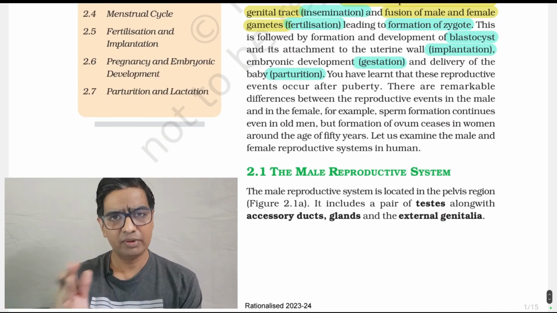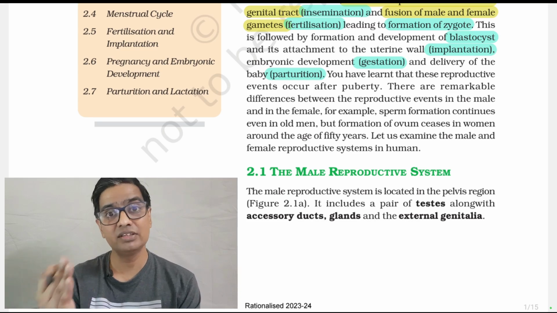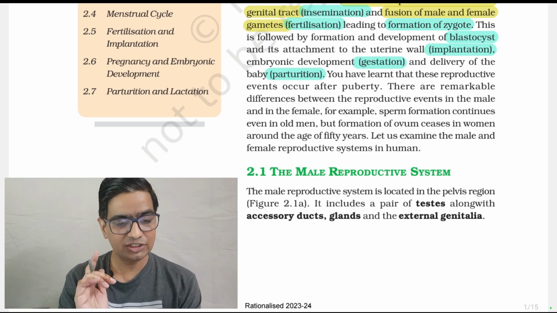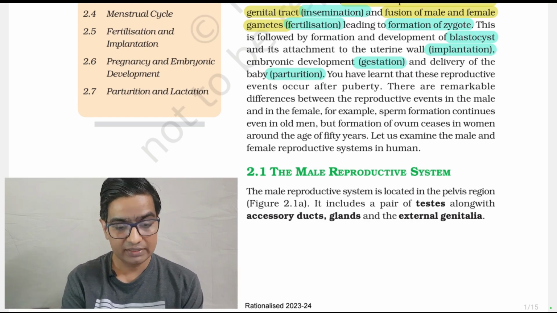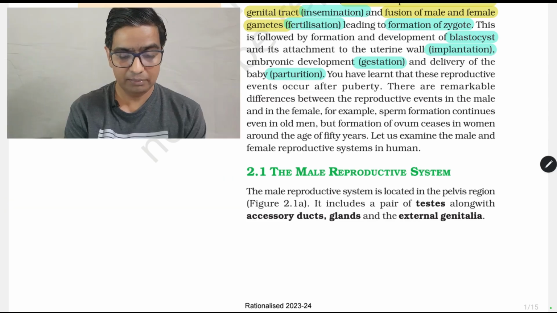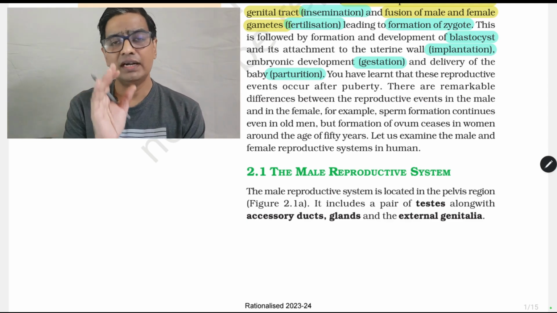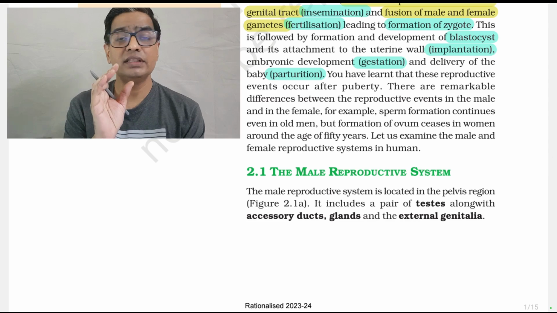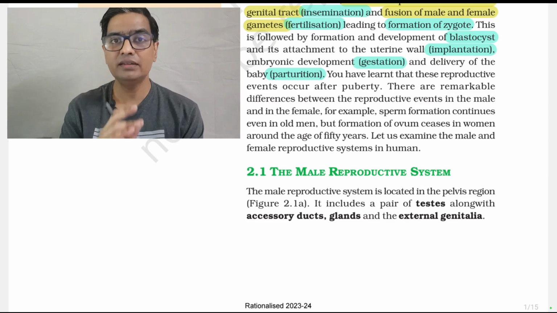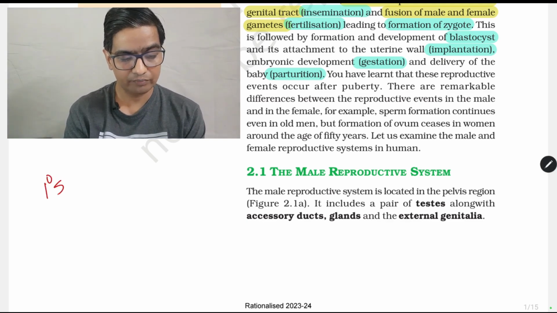Of course, there will be differences between the male and the female reproductive tract, and we are not going to discuss that now. Maybe in the third session we will talk about it. Let's today only focus on the male reproductive system. Now in the male reproductive system, understand this. The organs that make the sperm and the ovum are called primary sex organs.